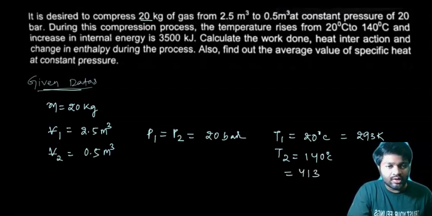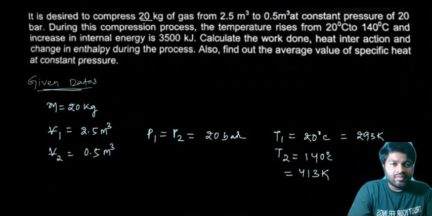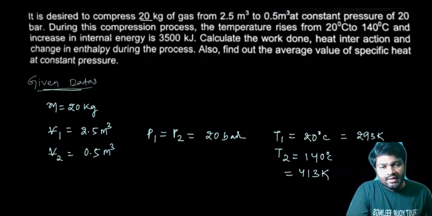That is 413. Okay. Other than this, the change in internal energy is also increasing. Here you can see there is an increase in internal energy. That means you can say this is del U value, and that is equal to U2 minus U1, that is equal to 3500 kilojoule. Okay.